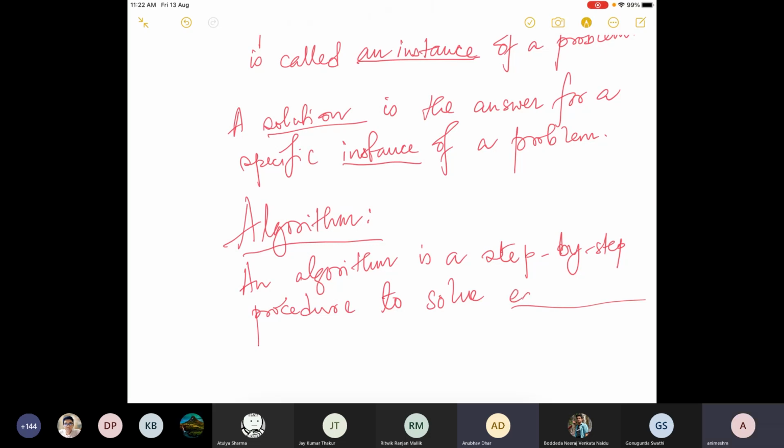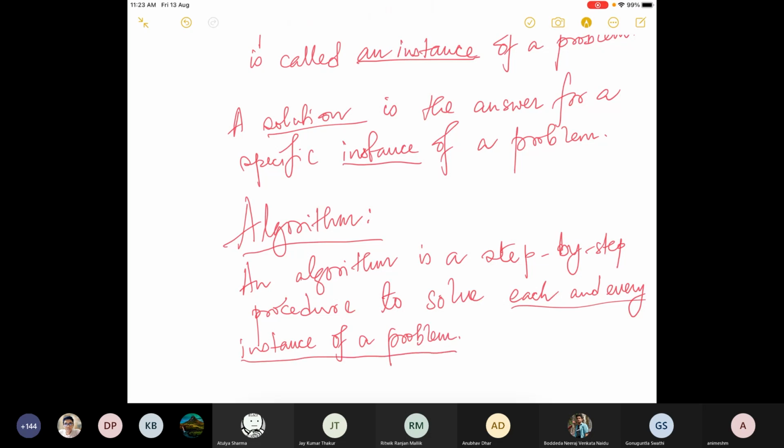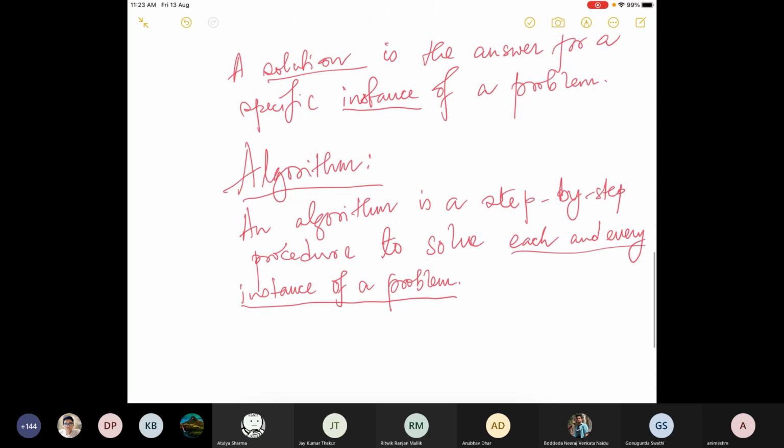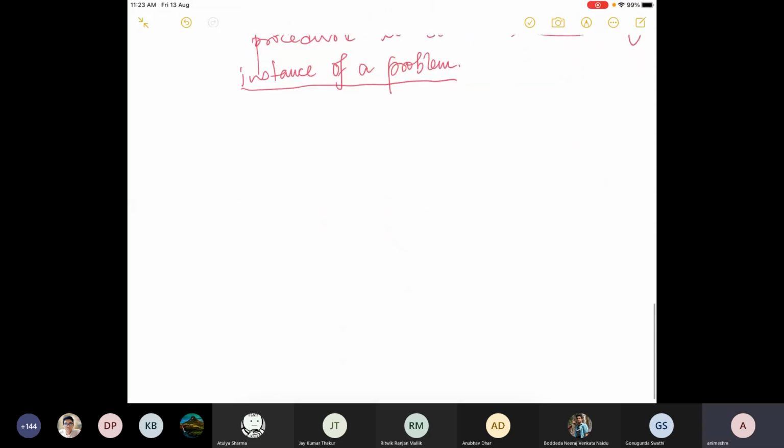Very good. Each and every instance of a problem. Okay, so this is what an algorithm is. I hope the handwriting is legible, right? It's okay, you can understand at least.